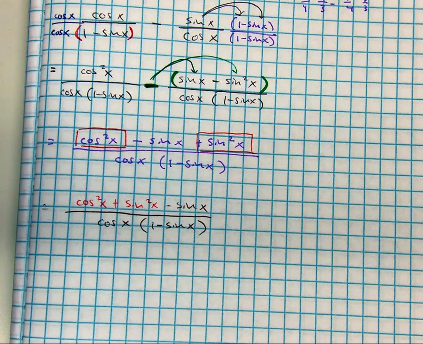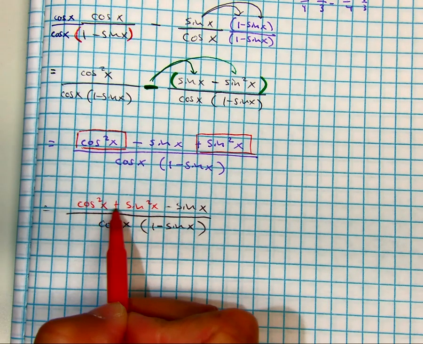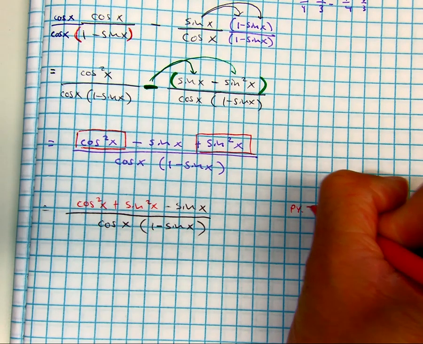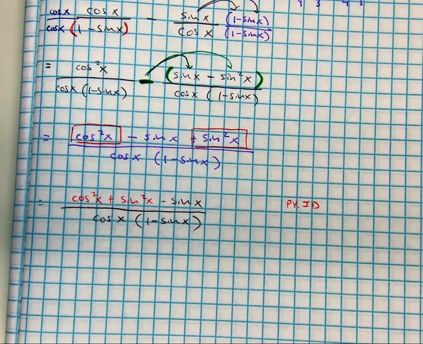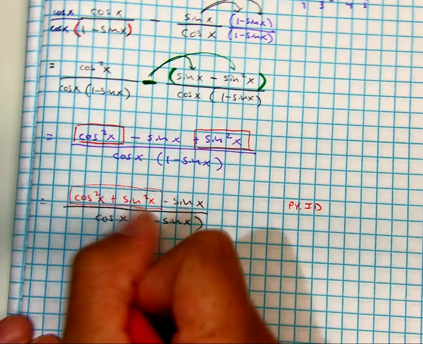Class, we're going to say the identity on the count of 3. Ready? 1, 2, 3. Pythagorean identity. Class, all of this is equal to 1.